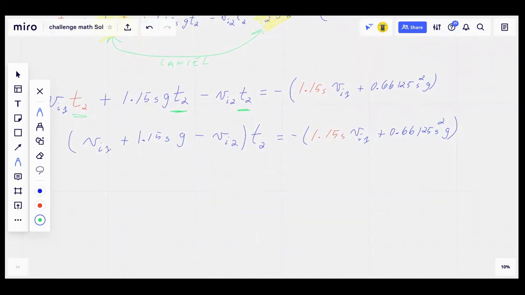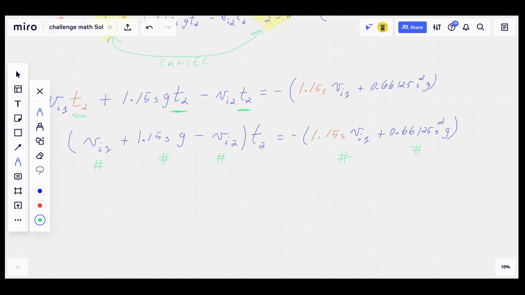Okay, quick check here. That's a number. That's 15 meters per second. This is 1.15 seconds times 9.8 meters per second squared. That's a number. Minus V initial 2. That's a number. That's 12 meters per second. Over on the right side of the equal sign, 1.15 times V initial 1. That's a number. And 0.66125 seconds squared times gravity. That's a number. Okay?